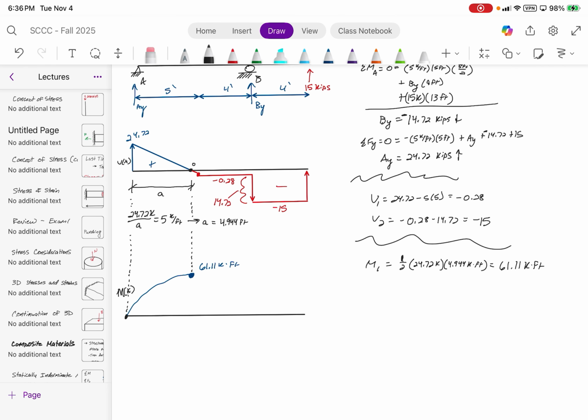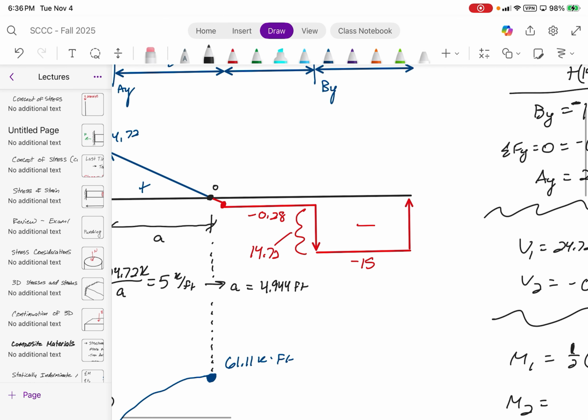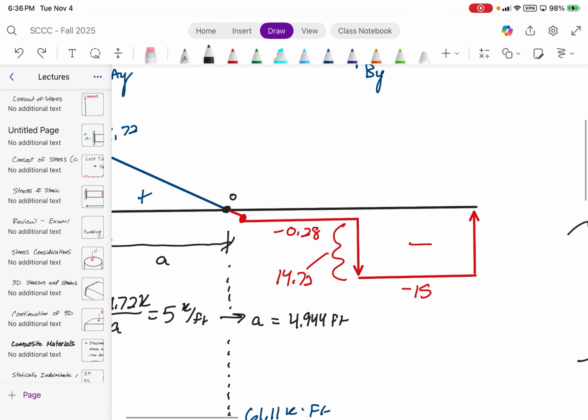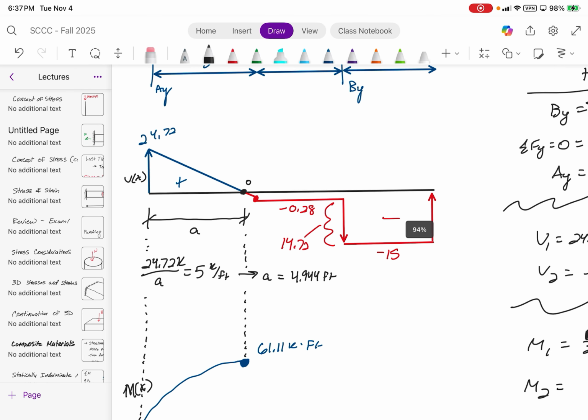From here, you calculate the next bending moment. That is going to be the bending moment at that point there. It seems small, so it's relatively negligible, but this dimension is just going to be 5 minus A, which is 0.056 feet.